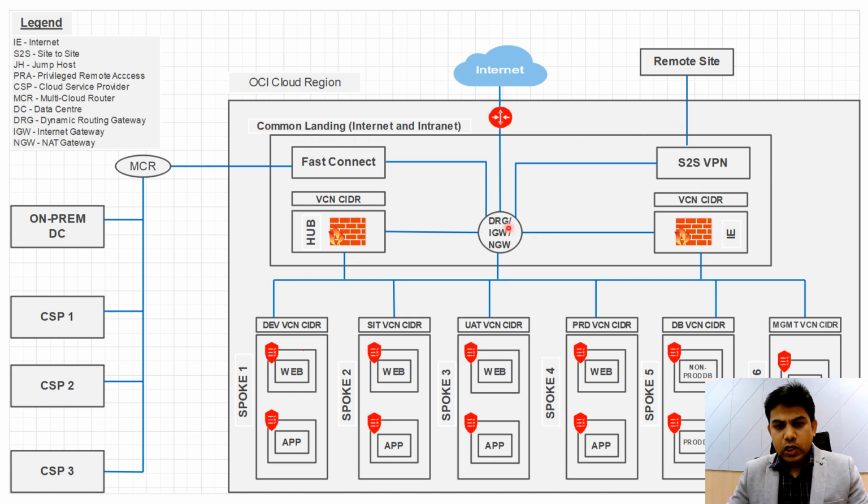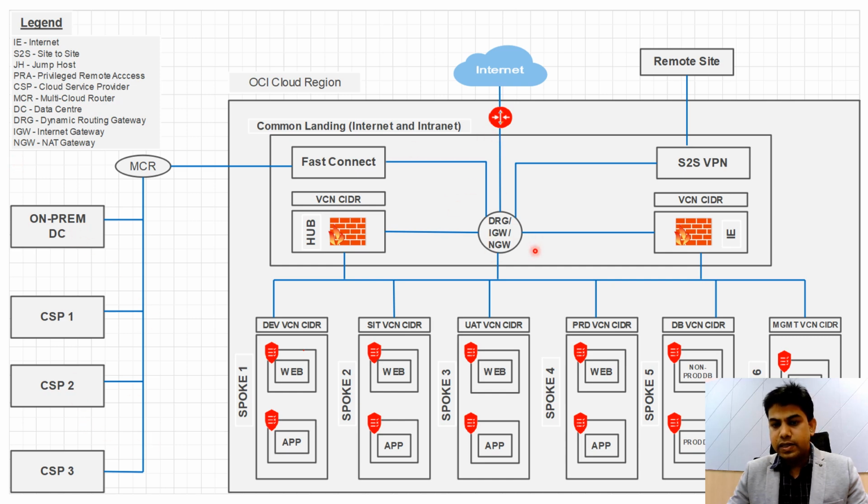So this is basically a common landing zone for both internet and intranet, which means any inbound traffic, whether it's coming from on-prem, other CSPs, or the internet, will be routed and then inspected using the hub VCN before reaching the spoke VCNs. Let's say it's north-south traffic, initiated from a different CSP or on-prem.